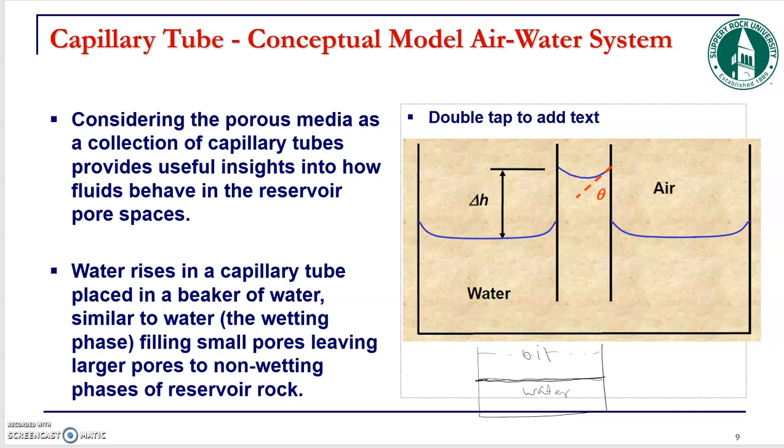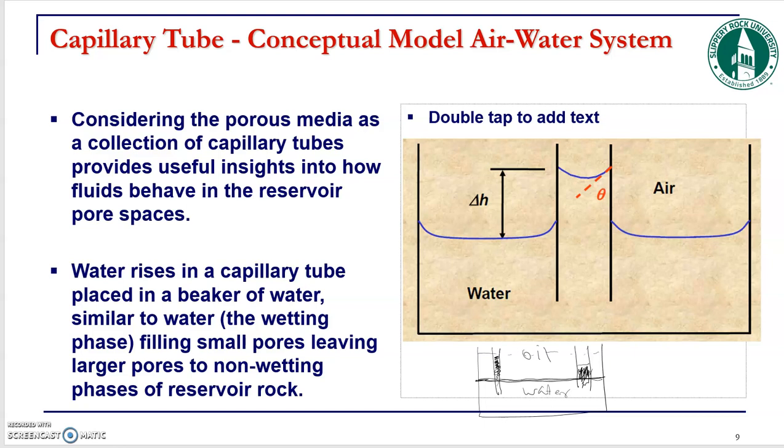Now if you put some capillary tubes into this bucket, then what happens with different radiuses? Well, the water starts to go up, right? And in different capillaries with different cross-sectional areas, the height at which the water will go up would be different according to the definition of capillary pressure, right?